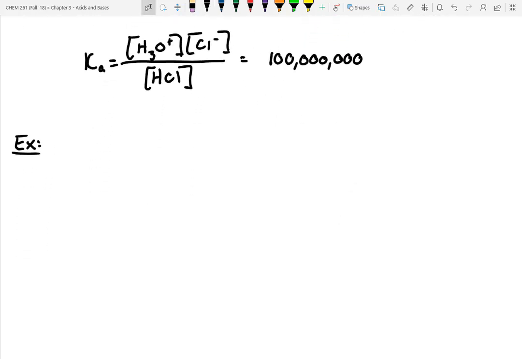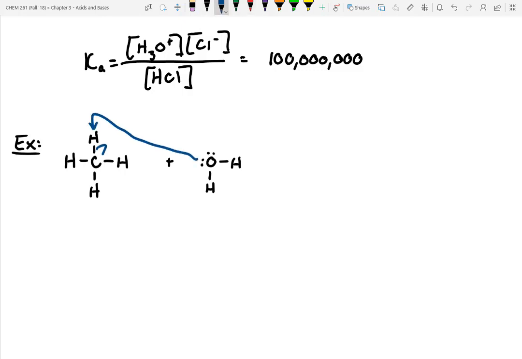All right, so the next one, we're going to look at methane. This is natural gas, stuff you use in your furnace at home. And you can think about methane reacting with water. Okay, in this case, we're going to treat methane as the acid and water as the base. Bear with me.